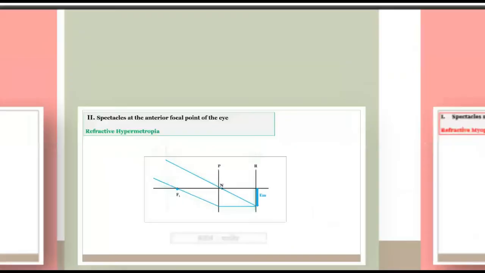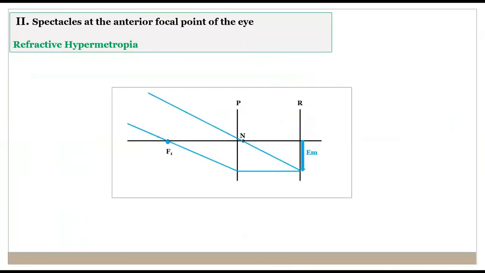How about refractive hyperopia? In refractive hyperopia, again, the retinal plane is the same as the retinal plane for the emmetropic eye, but the anterior focal point of the hyperopic eye is further away from the eye than for the emmetropic eye.